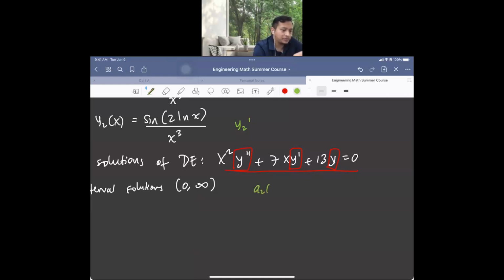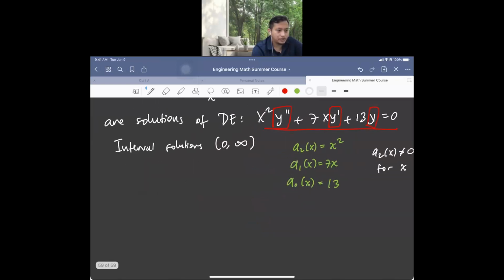So we can write down that a2(x) is x squared, a1(x) is 7x, and a0(x) is 13. Okay. And also a2(x) is not equal to 0 for x in interval I, right?